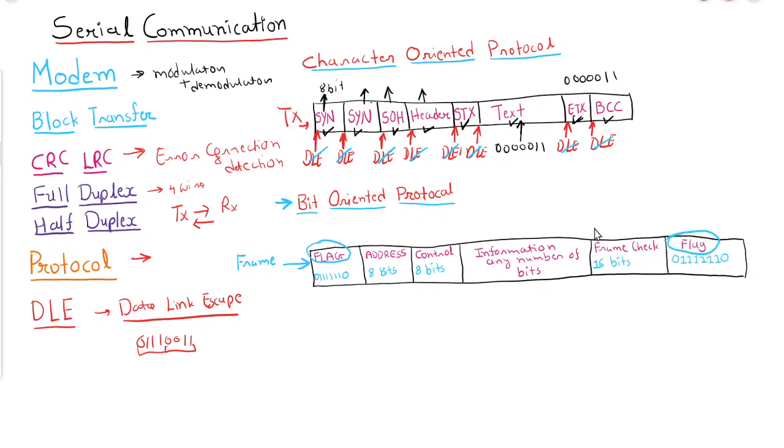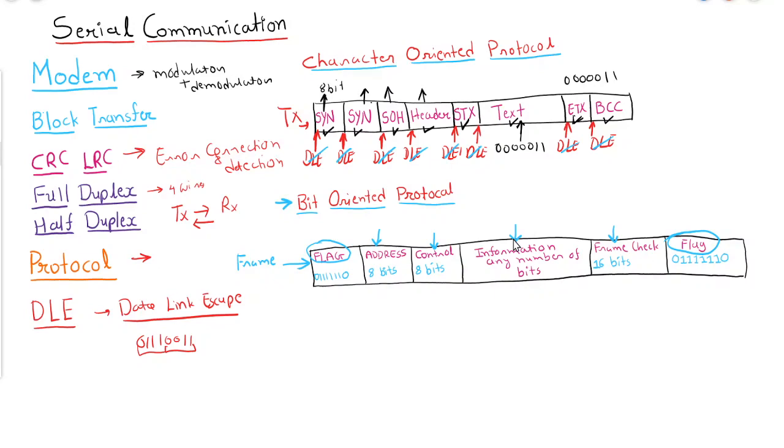Now in between there will be data. Which are the individual components? Let's say this is an 8-bit address, then an 8-bit control, and then any number of information bits and frame check. What is this address field? Address bits are used to specify the address.